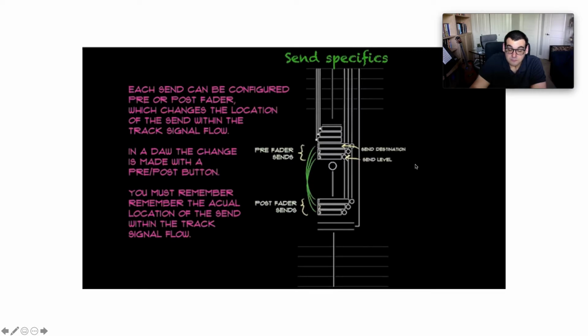So those effects can be plugged in before the fader or after the fader, once the signal has been adjusted with the fader as well. Remember the actual location of the send within the track signal flow: is it before the fader, or is it after the fader? And in your DAW, you can actually choose either one.